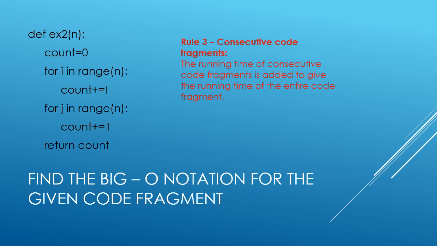The running time for the count equals 0 line will be O(1). The running time for the return count line will be O(1). So I have O(n) plus O(n) and the big O notation of the complete code fragment is O(n).